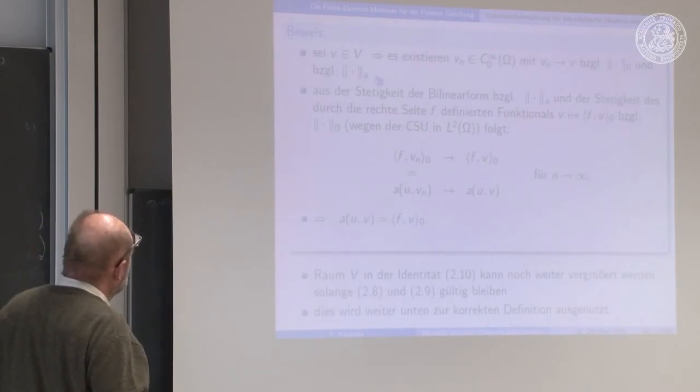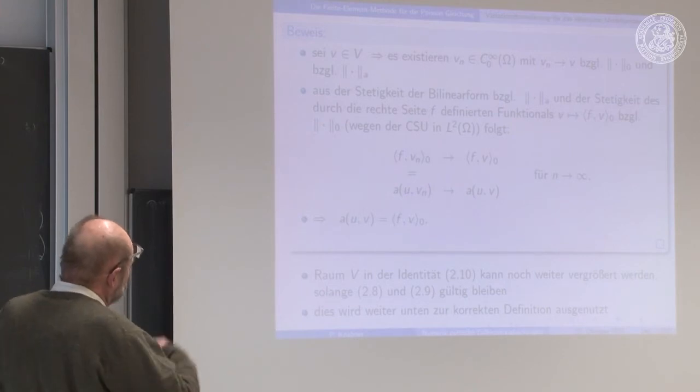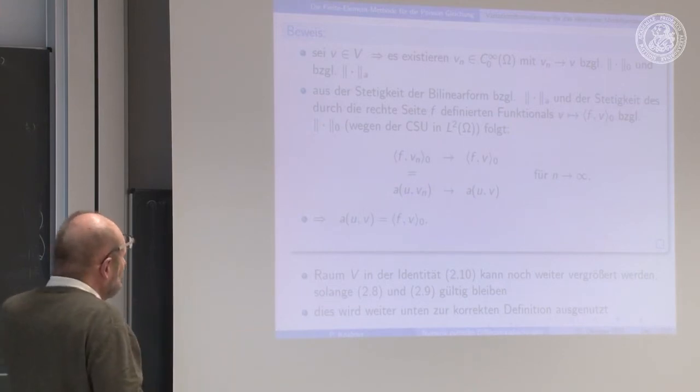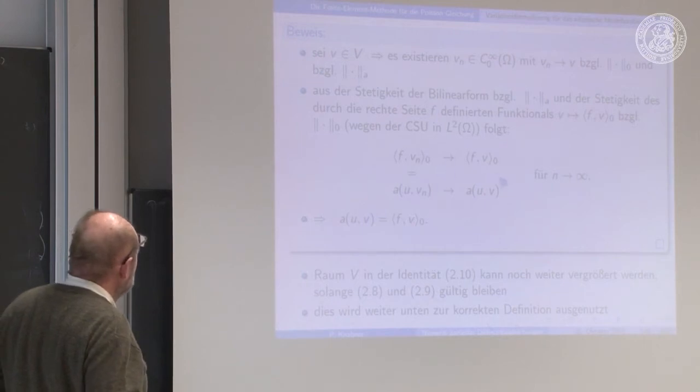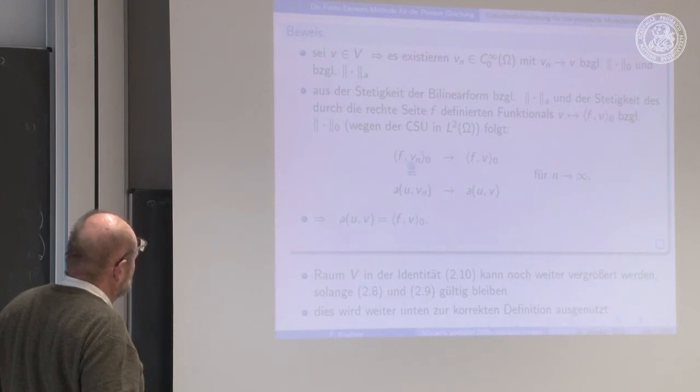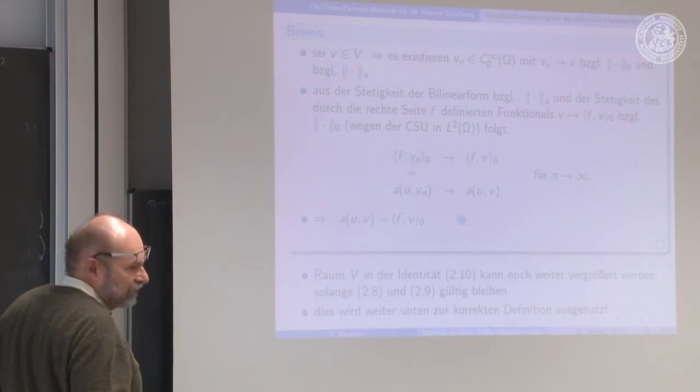We know the density of the smooth test functions in the A norm, and also in the L2 norm. If we choose a sequence and again a subsequence, we can finally end up with a sequence which converges both in the L2 norm and in the A norm. So what does that mean? That means that we have the left-hand side of the equalities, because this was our derivation of the variational equation with the smooth test functions, with the Vn.